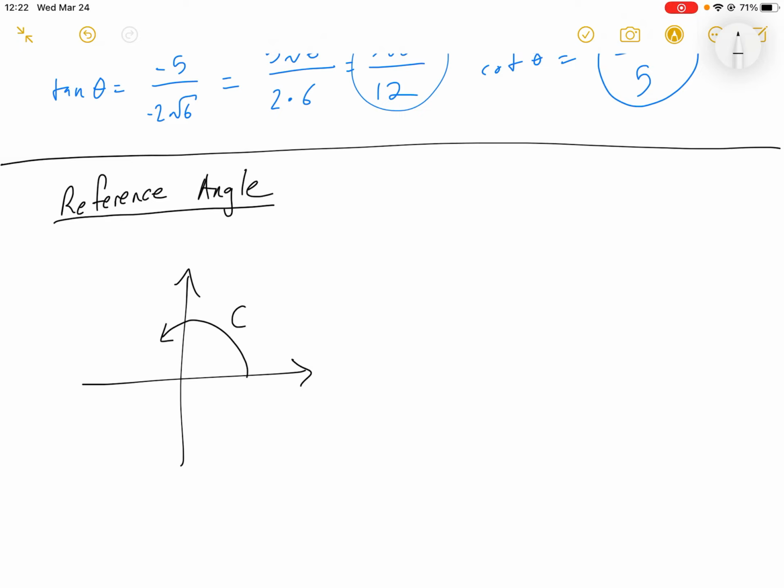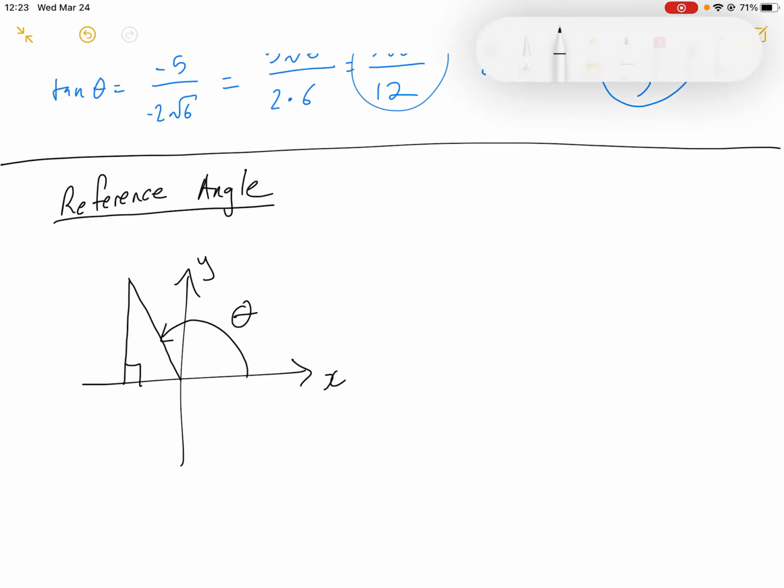So basically, if you have some angle theta, and if you check back into a previous video, you'll see almost this exact same diagram. If you have an angle theta and I make this right triangle with the x-axis, notice I'm not making a right triangle with the y-axis over here.